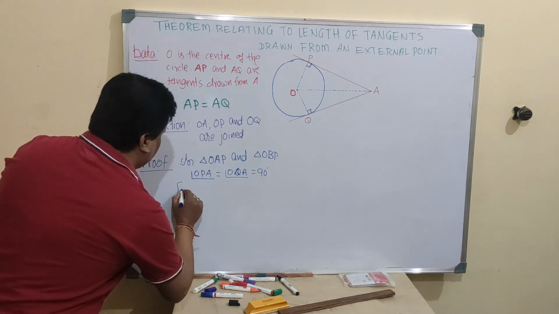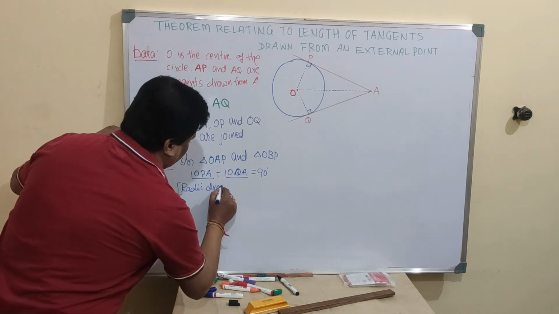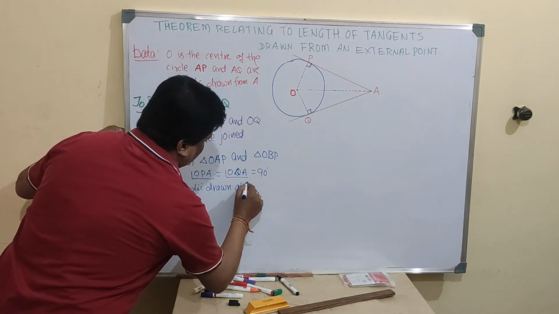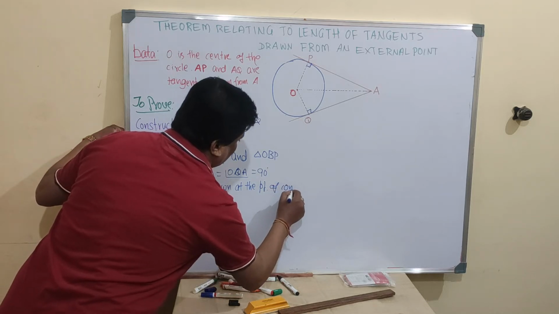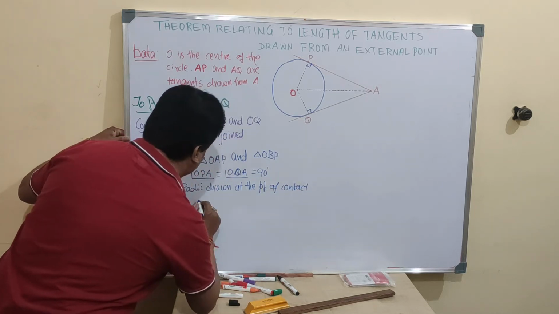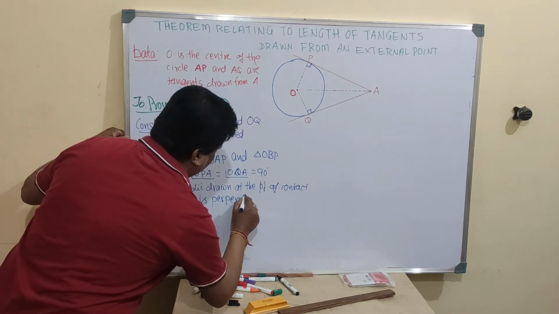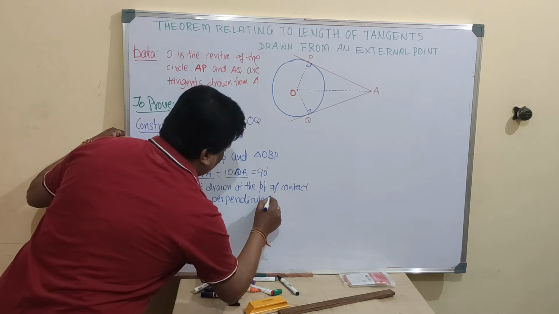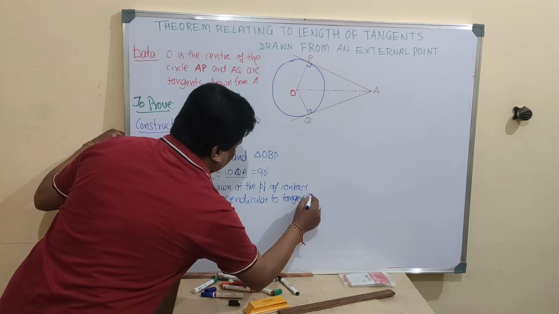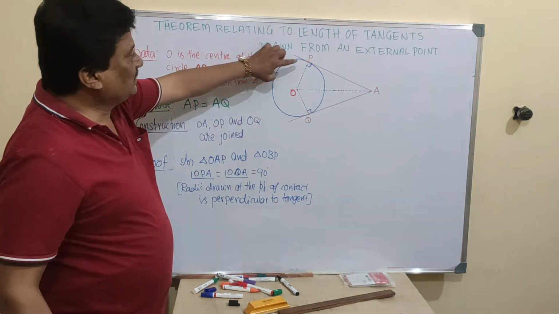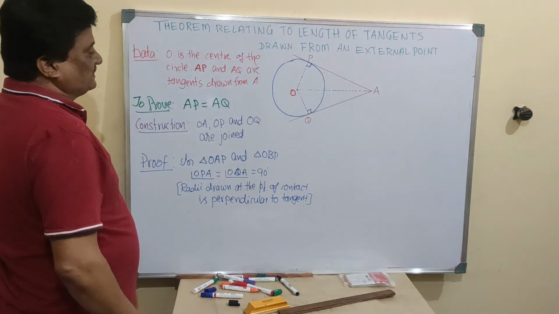Because the radius drawn at the point of contact is perpendicular to the tangent. This is what the theorem says.